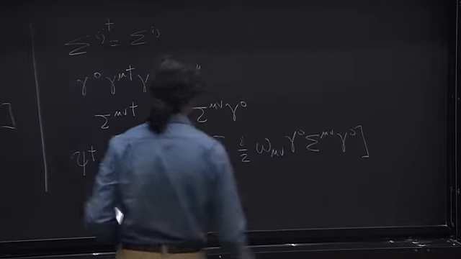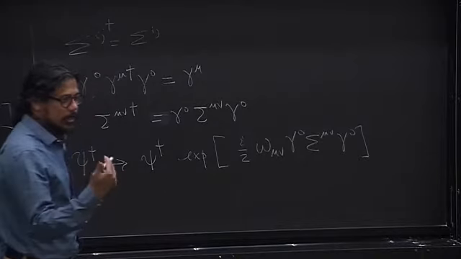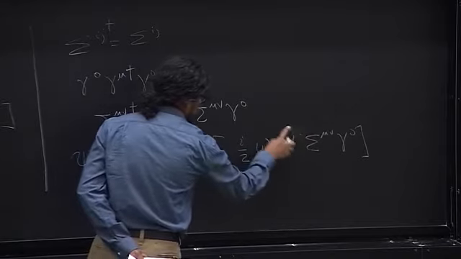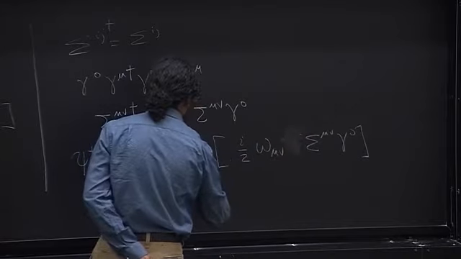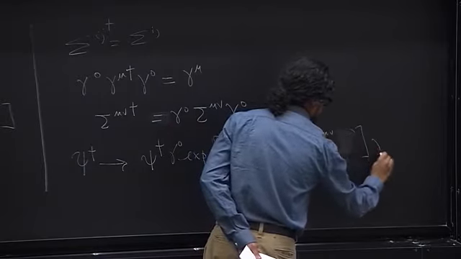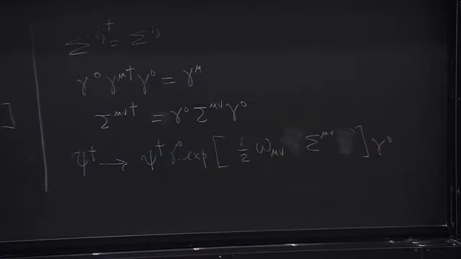Now if you do a Taylor expansion of this, and use the fact that gamma 0 squares to 1, you can actually just pull this out of this matrix. Okay?